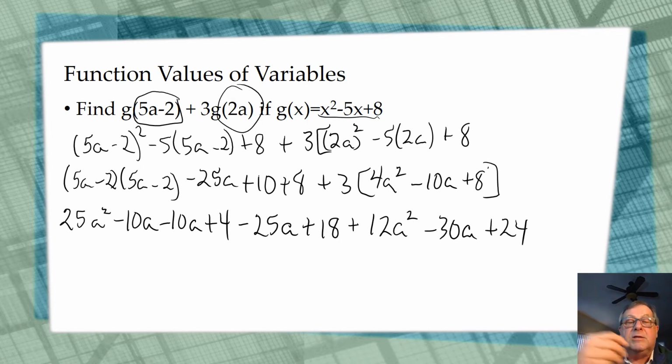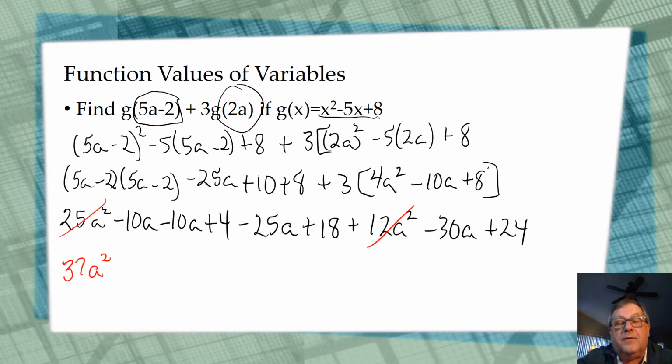And now I can start to combine like terms. Okay, I've got a 25a squared and a 12a squared. So 25 and 12 is 37. And then we've got a negative 10a and a negative 10a, so that's negative 20a.